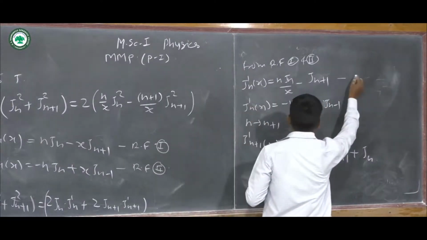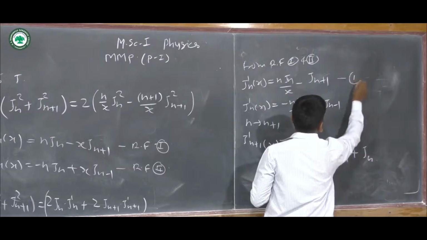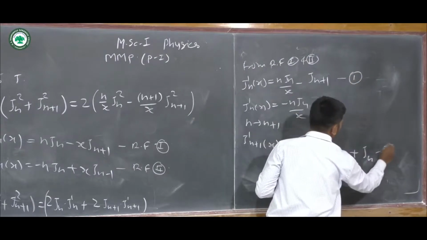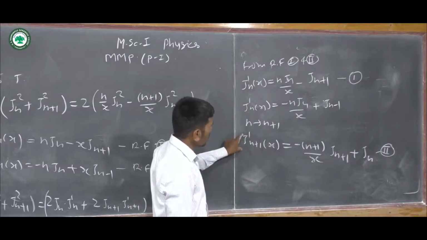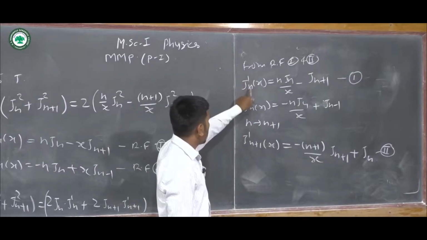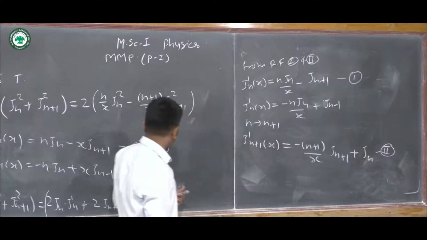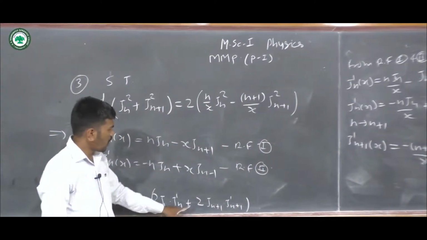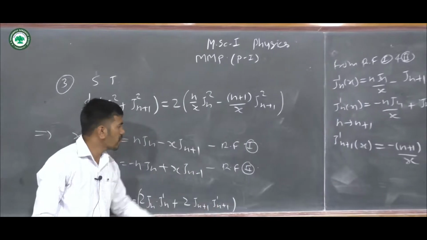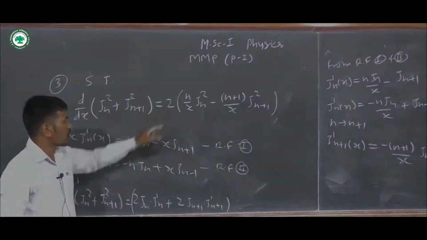Suppose this is equation number one and this is equation number two. From equation one and equation two, if I substitute J prime n and J prime n plus 1, we can find these relations. Let's try.